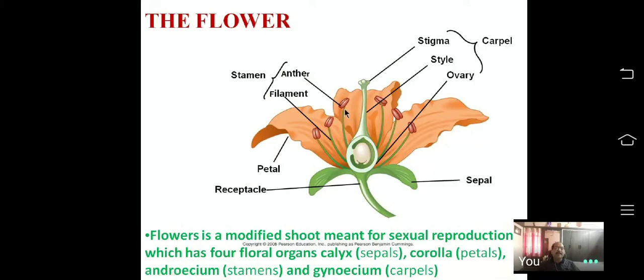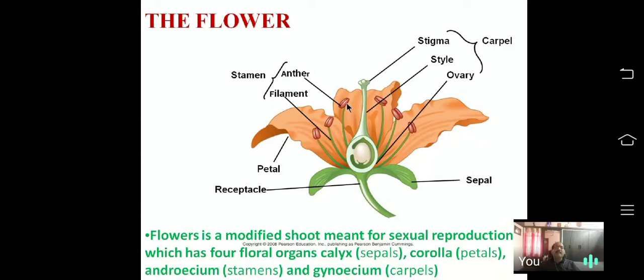The long, slender stalk is called the filament, and the tip is called the anther. This anther produces a yellow colored dust called pollen dust, which contains numerous pollen grains that contain the male gamete, sperms.